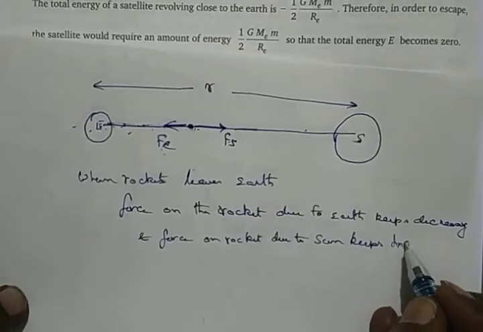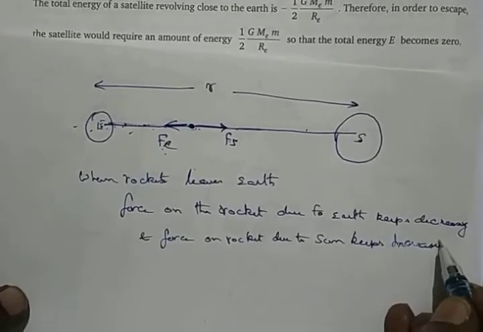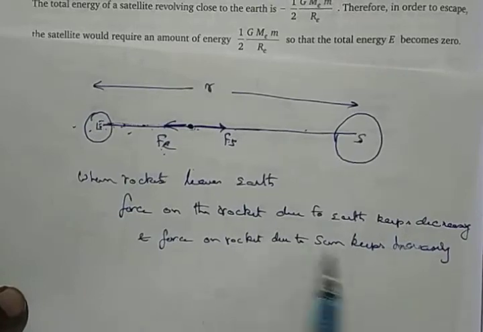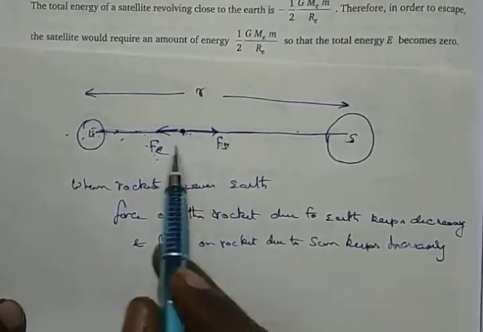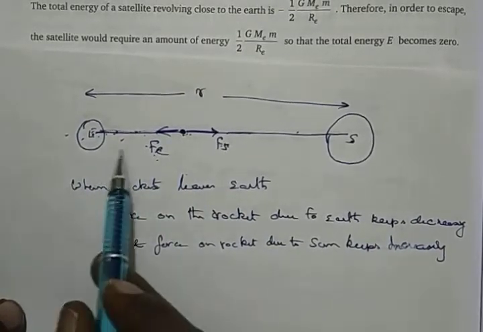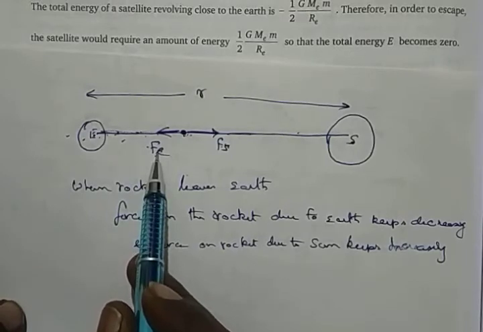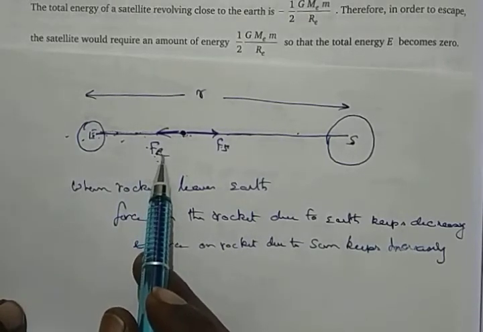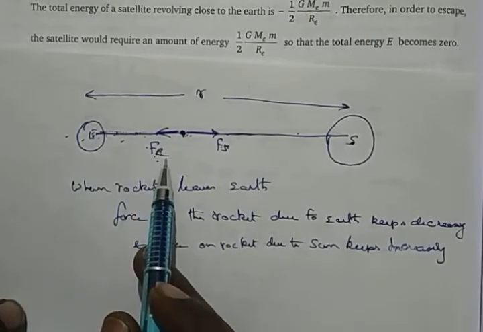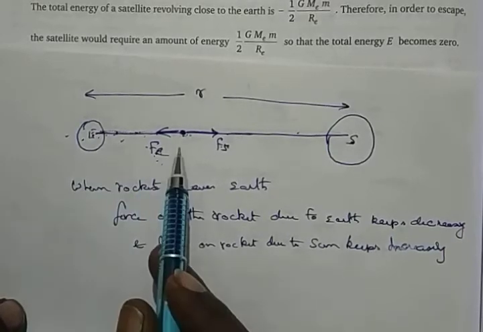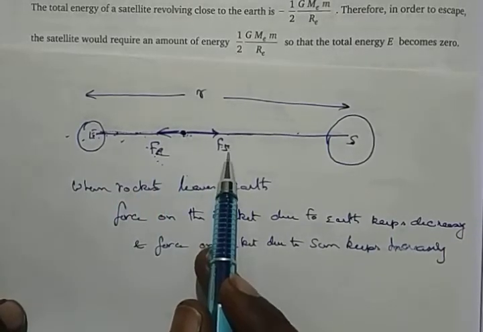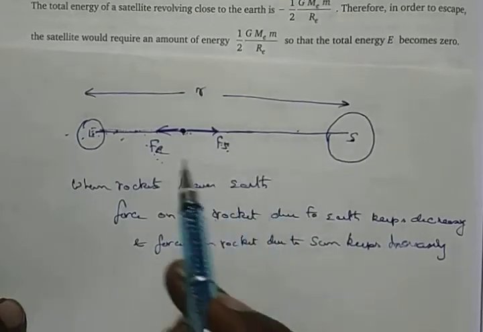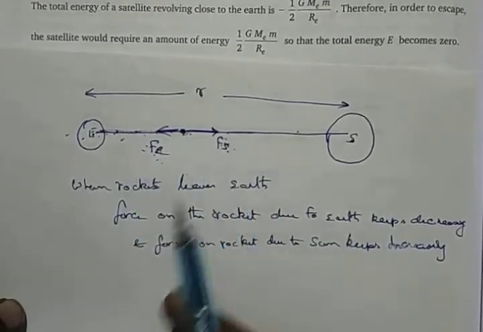So there will be a point where both the forces will be equal. The force of gravitation due to earth keeps on decreasing, and the force due to sun keeps on increasing. That will be a position where both the forces will be equal.